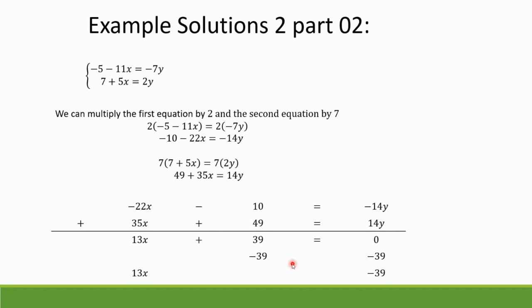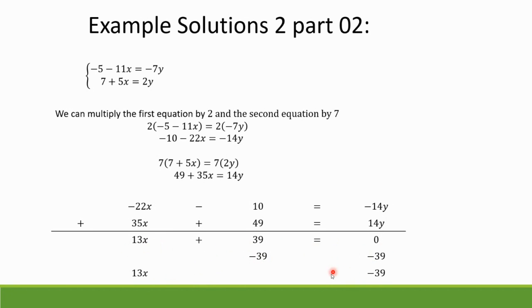So now what do we do next? Now we want to solve for x, right? It's a lot easier because now we only have one variable. We have an equation in one variable, and we know how to solve that equation. We just do what we did in chapter 1, right? We isolate x. So I get the 39 on the other side by subtracting, right? We want to get x all alone.